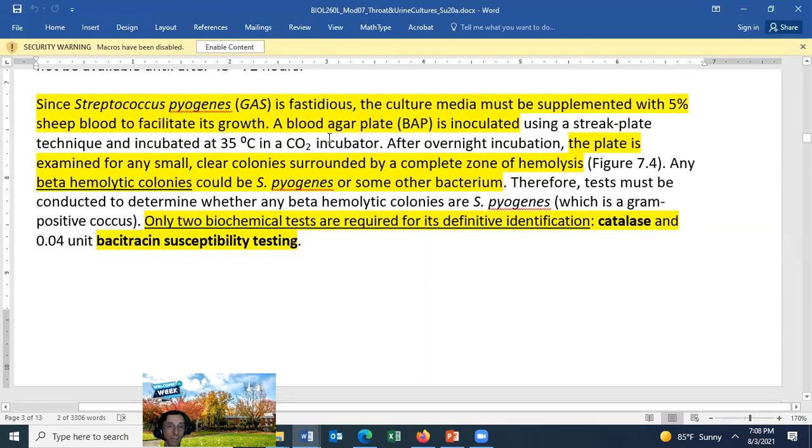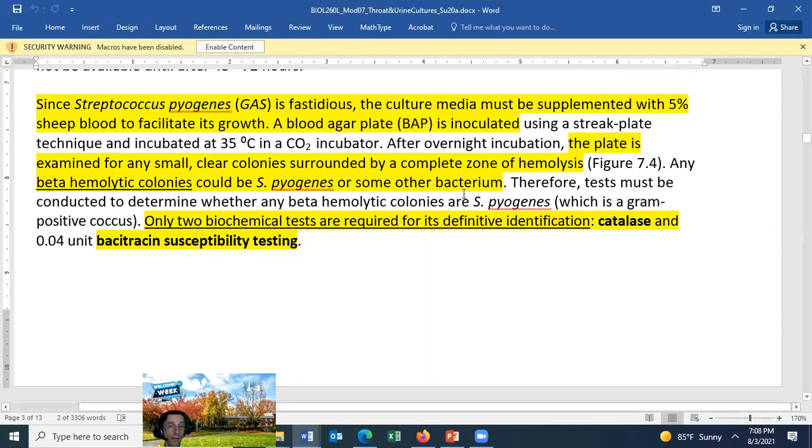The blood supplies the nutrients for Streptococcus pyogenes to grow. And then what you look for on the blood agar, if you're looking for Streptococcus pyogenes, is small colonies that are surrounded by a complete zone of hemolysis, or beta hemolysis.